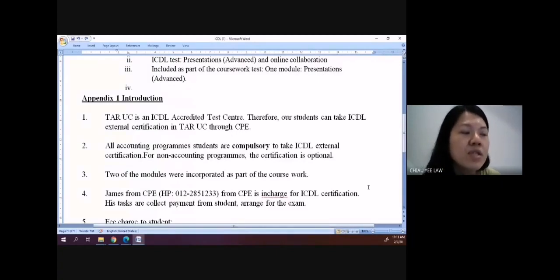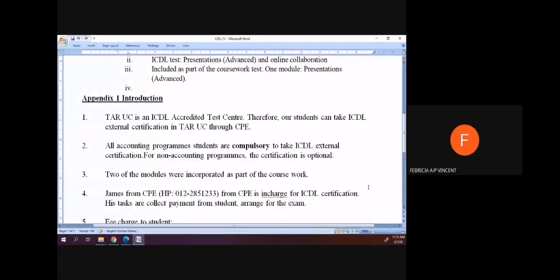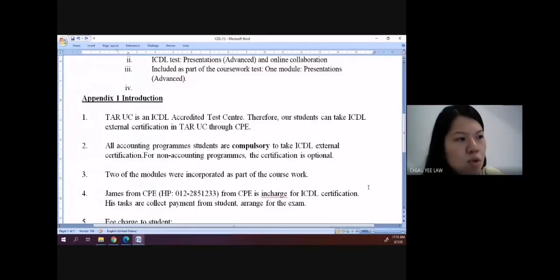You can arrange the date with Mr. James. As I know, there are a few exam sittings a year, so you can arrange the time with him. He will give you some options on which day. Do we need to come to campus or take it at home? As I know, you need to come, but I will double check.